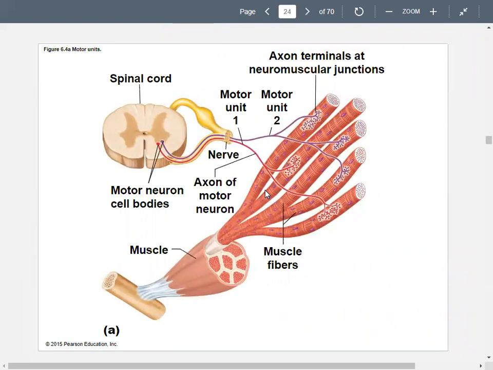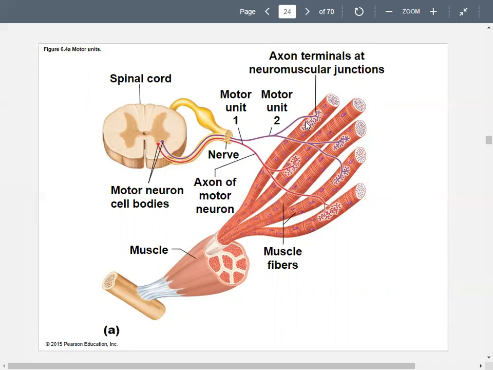All right, so this shows you an example here. So here's motor unit 1. You have your nerve. All right, and you have this muscle cell and this muscle cell being innervated by it. So that's one motor unit because they're being innervated by the same neuron, same nerve cell.